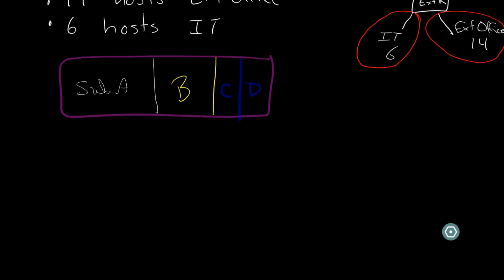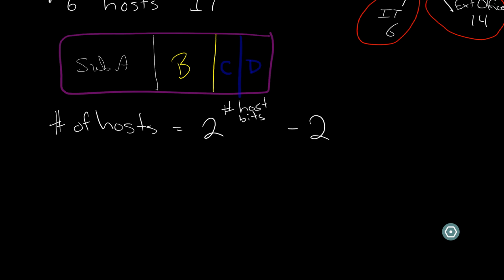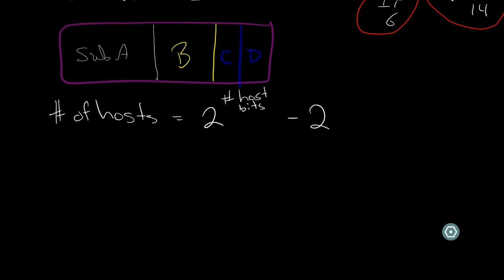So if we're looking at 62 hosts, we know that the number of hosts is equal to 2 to the number of host bits, minus 2. Those 2 are the network and the broadcast addresses. So the number of available addresses is equal to 2 to the power of the number of host bits, minus 2.